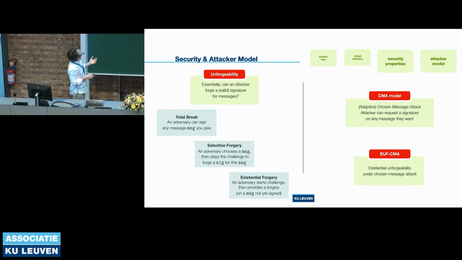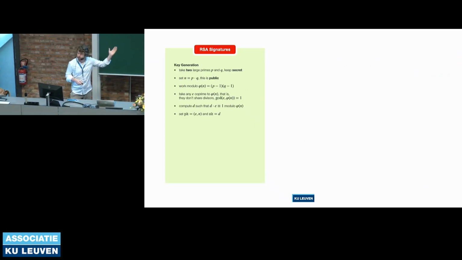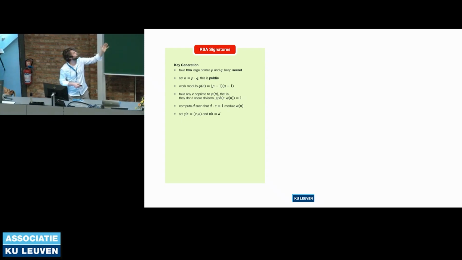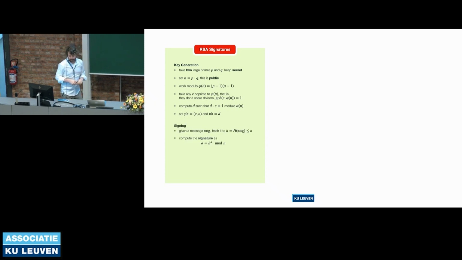Now let's look at RSA signatures as an example of a public key signature scheme. The setup for key generation is going to be exactly the same, right? We are given 2 large primes P and Q, we keep them secret, etc. Public key is still E and N, the secret key is still D. Now the signing part, this is actually the reverse of what we did before.